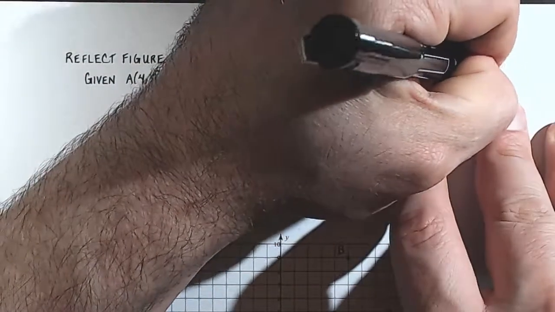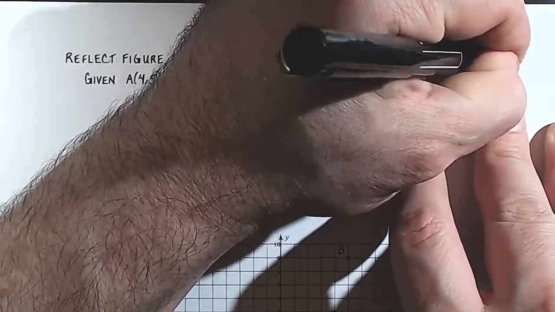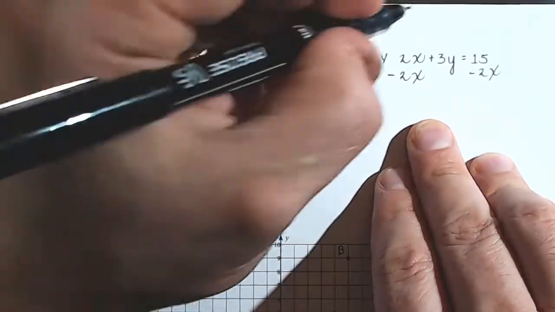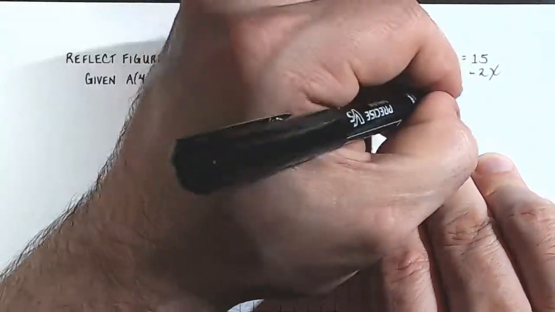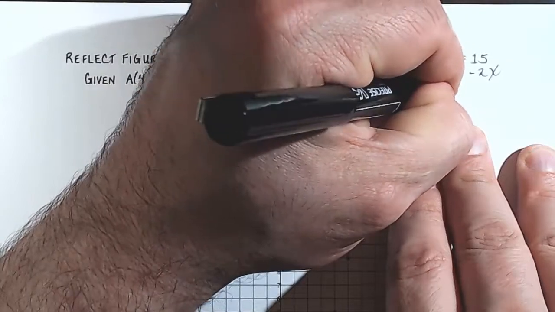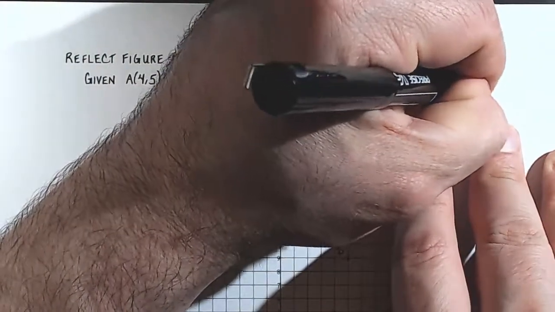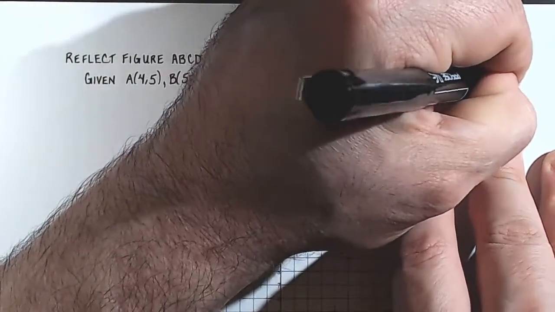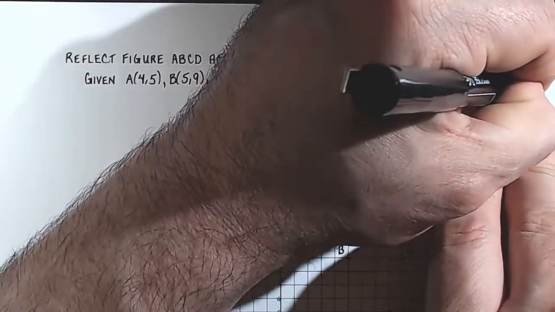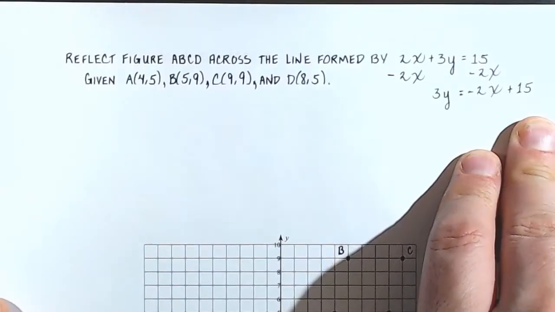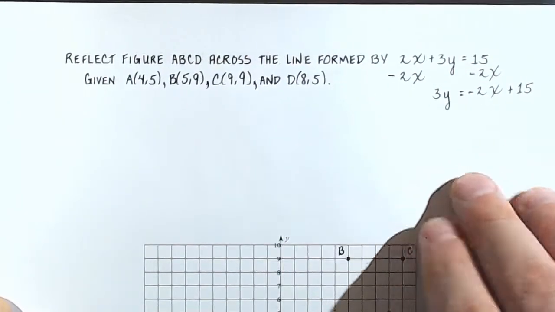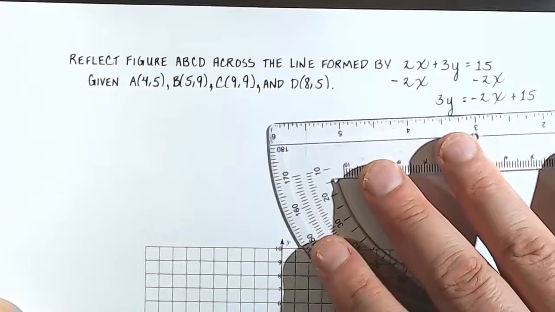Okay, remember I'm trying to get it in y equals mx plus b form. 2x minus 2x is 0, so I have 3y equals negative 2x plus 15. Now I'll just divide each term by 3.